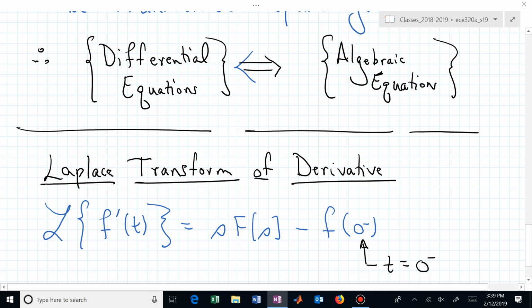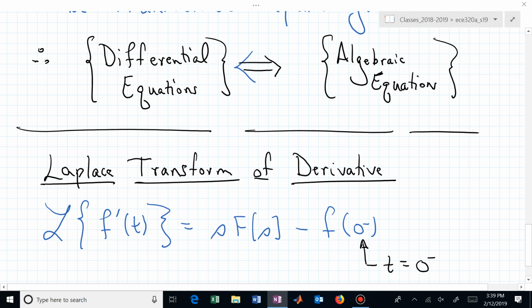What does the Laplace transform of a derivative look like? And really, this is what you'll want to be able to repeat now and later this semester and even beyond. Somebody might say, what's the Laplace transform of a derivative in the time domain look like? And your response will be multiplication by s in the frequency domain.